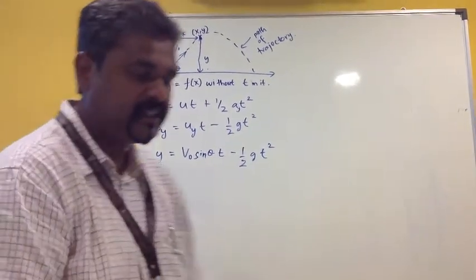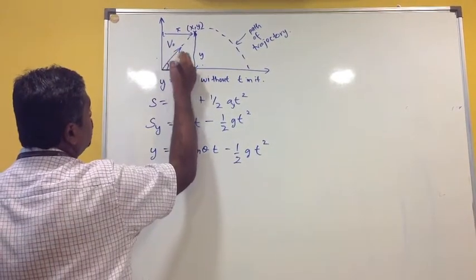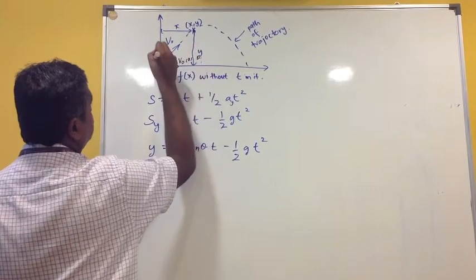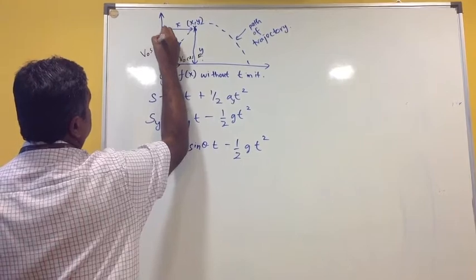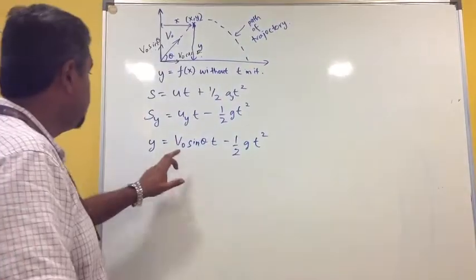How did I get v0 sine theta? If you remember correctly, the initial velocity has a component in this direction which is v0 cos theta, and a vertical component in this direction which is v0 sine theta. So that's how I got v0 sine theta there.